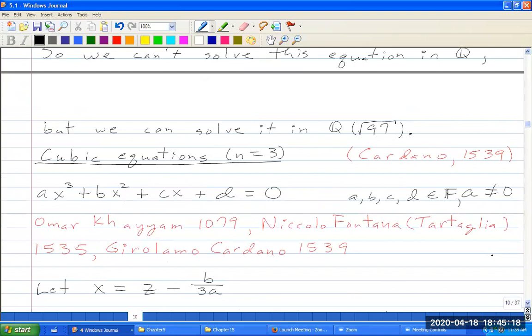Suppose we have an equation ax cubed plus bx squared plus cx plus d equaling 0, where a, b, c, d are members of some field and a is not 0. This was partially solved by Omar Khayyam in 1079, and it was fully solved by Niccolo Fontana in 1535.